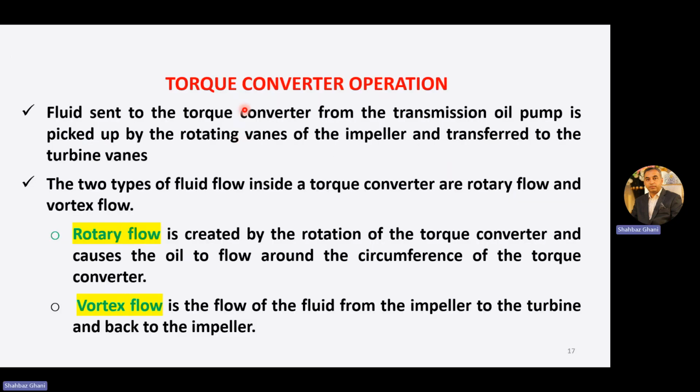Torque converter operation, how it operates. Fluid sent to the torque converter from the transmission oil pump is picked up by the rotating vanes of the impeller and transferred to the turbine vanes, which we have seen.